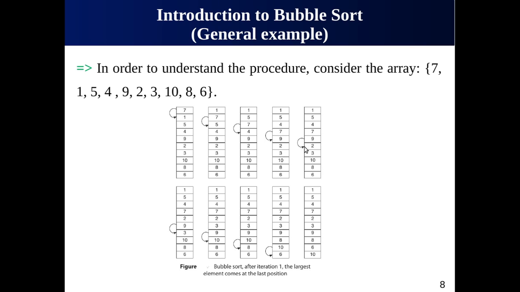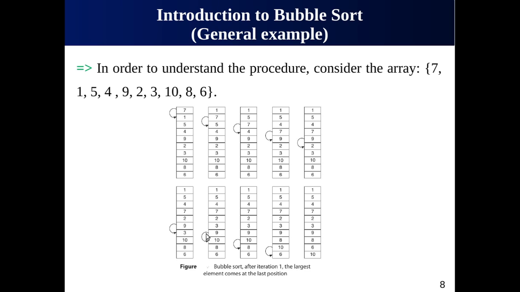Now compare 9 with 2. As 9 is greater than 2, we have to swap them. Swap them and then continue. Now compare 9 with 3. As 9 is greater than 3, you have to swap them.